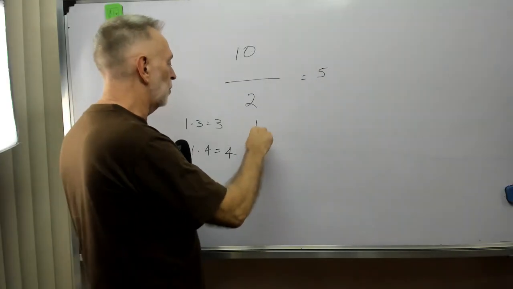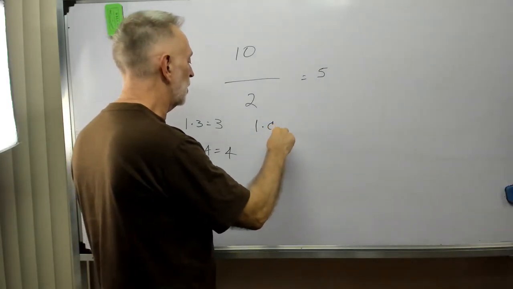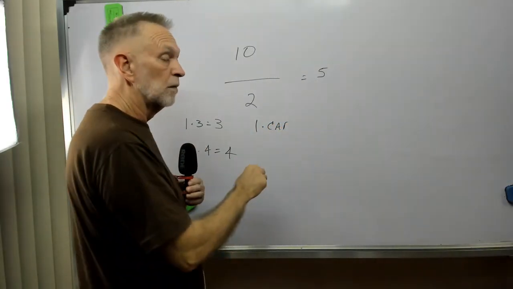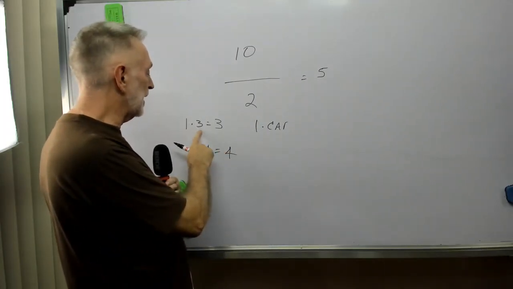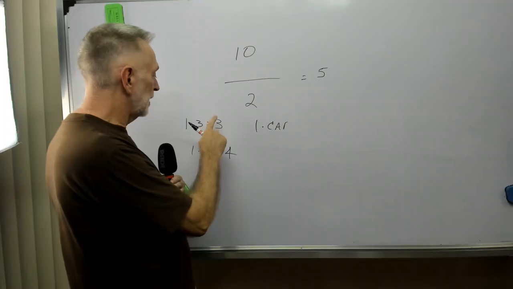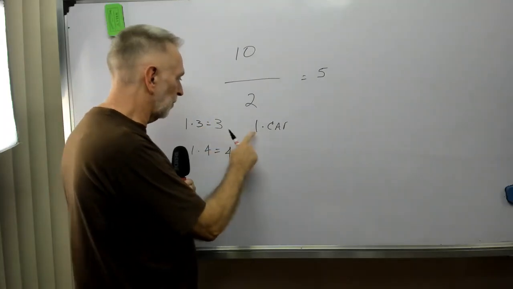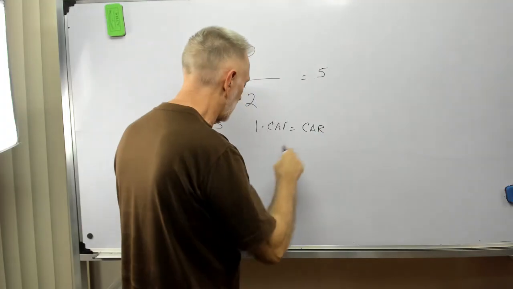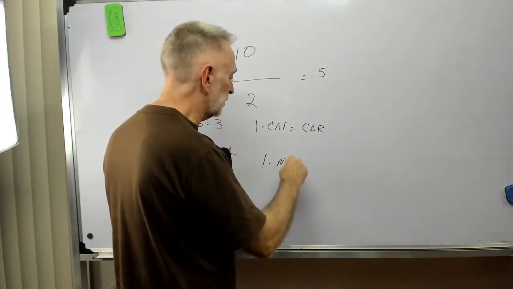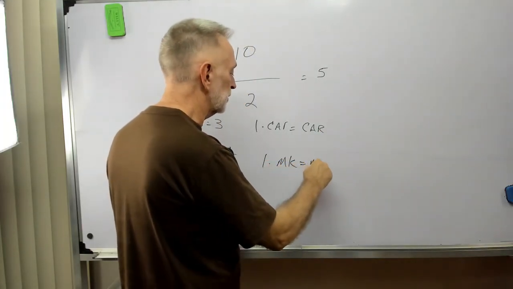What is 1 times car? Oh, the identity property says 1 times anything is equal to anything. 1 times car equals car. 1 times Miss Christie equals Miss Christie.